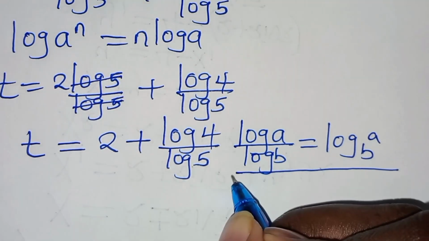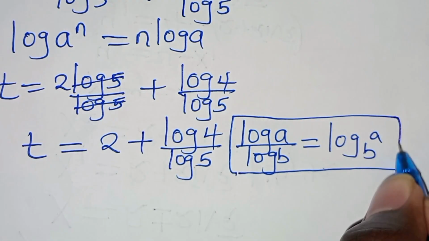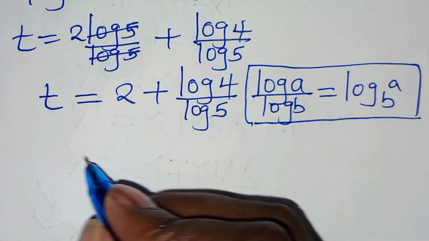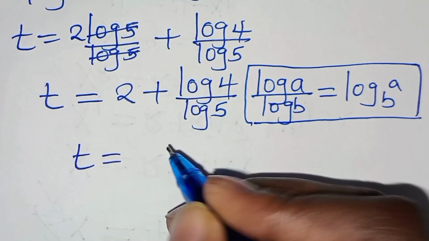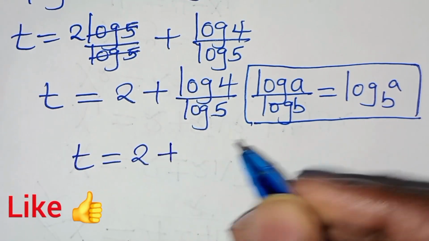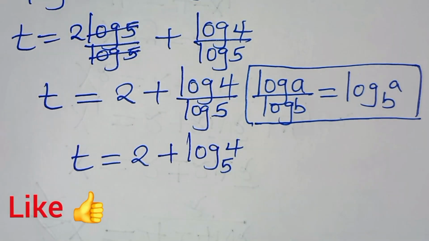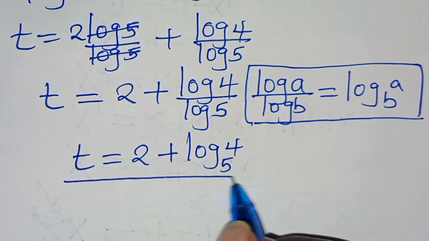Applying this logarithm property, t is equal to 2 plus log 4 to base 5. Now, this is the value of t.